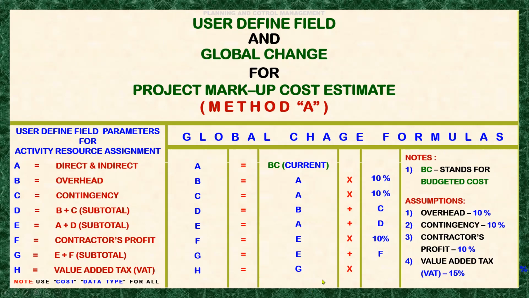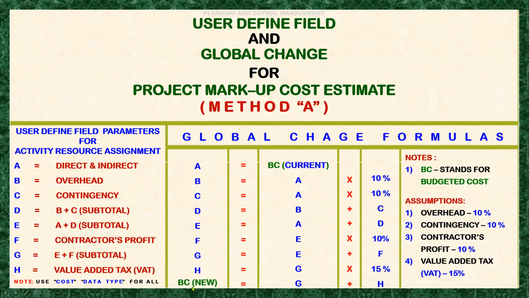Okay, then let's put it here, 15%, and here the last is the new budgeted cost, which is G, the subtotal here plus the value added tax. So we have the new budgeted cost. Meaning the new budgeted cost is the summation of the direct cost plus the markup cost.